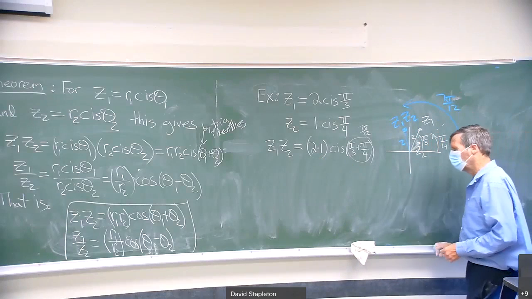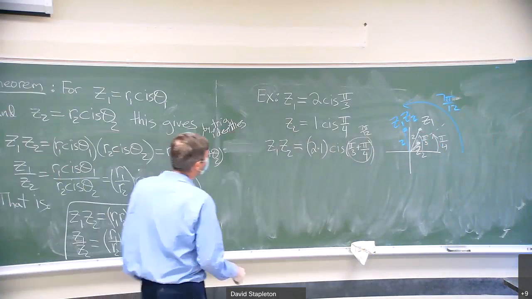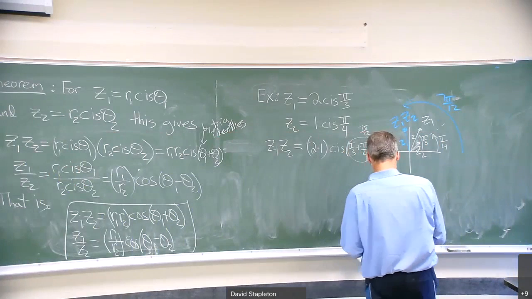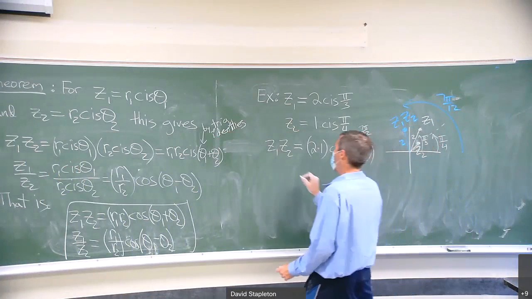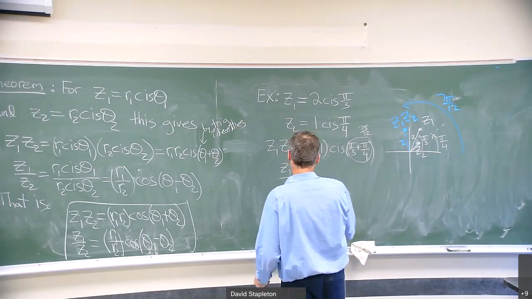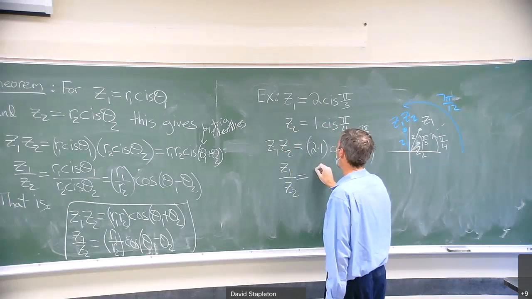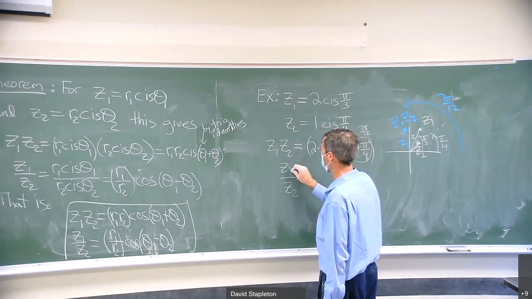Now the division, we can accomplish similarly. We divide Z1 by Z2. We now have 2 over 1. Actually, let's do it the other way. Let's do Z2 over Z1, what I originally intended.